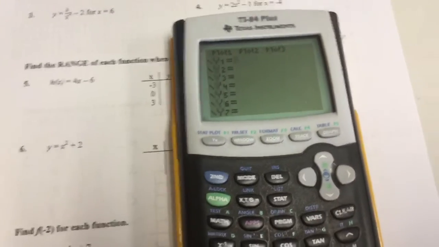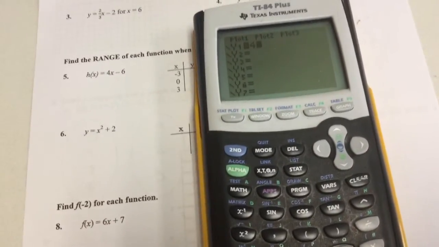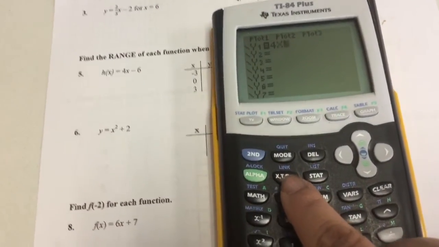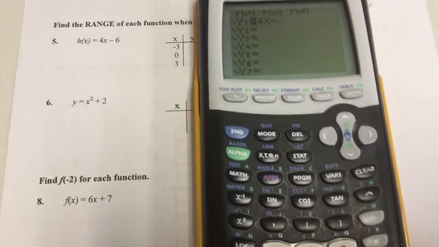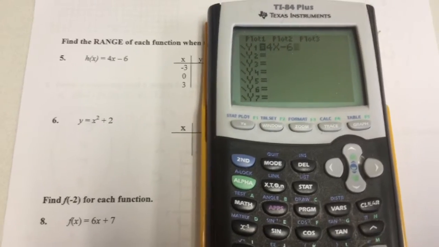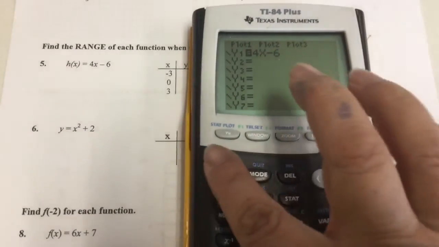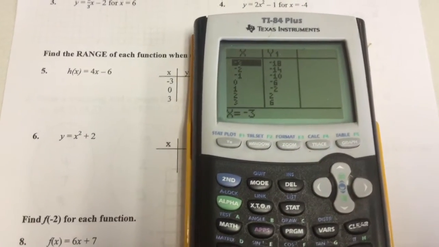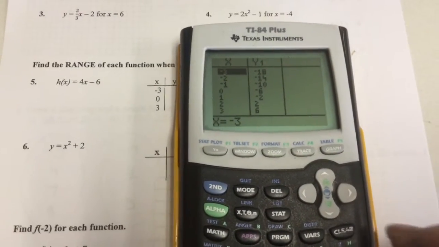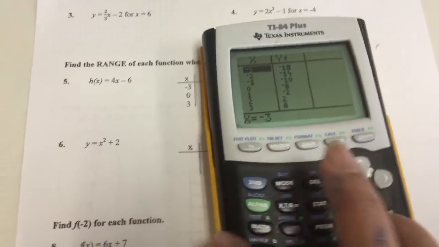We're going to enter 4x minus 6. And to get that table again, I'm going to hit second and hit the right button where it says graph. So I now have my table on my calculator.